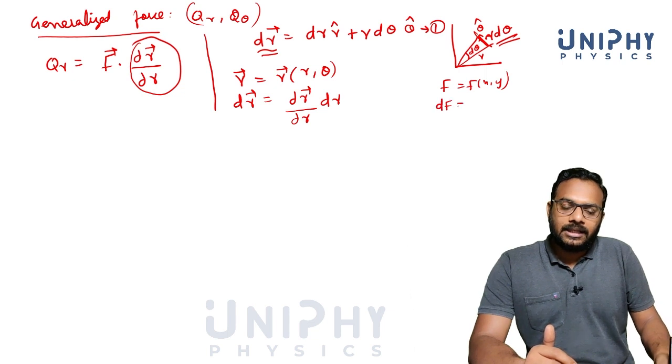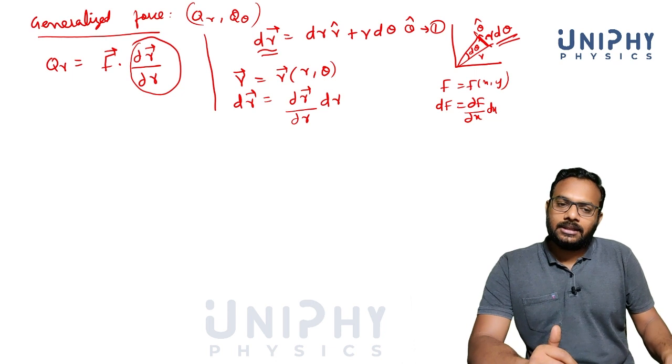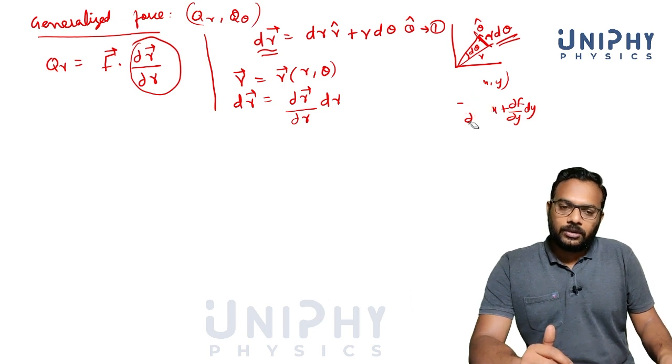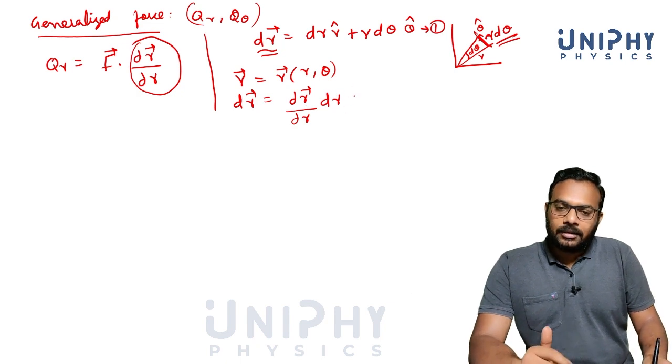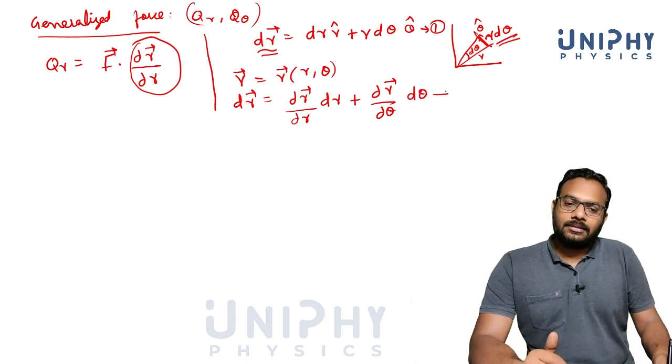You find dou f by dou x dx plus dou f by dou y dy. That's the same thing we are doing here. Okay, so dou r vector by dou r dr plus dou r vector by dou theta d theta.